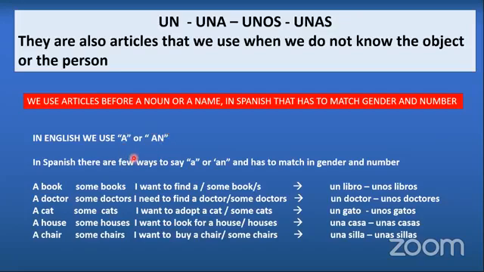In Spanish, there are ways also to say a or an, and we are going to have a version in male, female, singular, and plural. That's why we end up with un for the masculine version, grammatically speaking, una for the feminine version, and unos, that is a plural one.